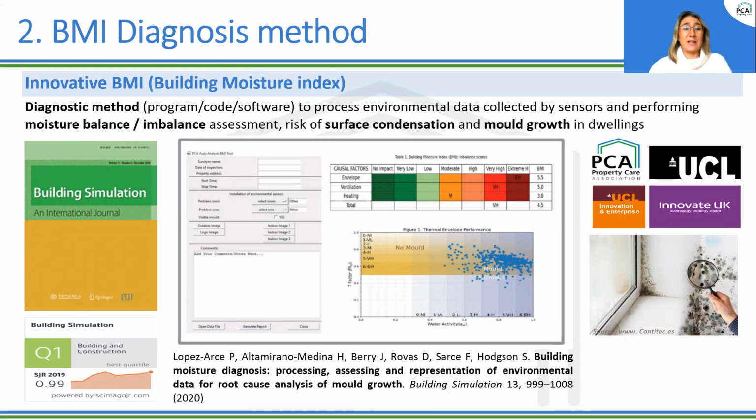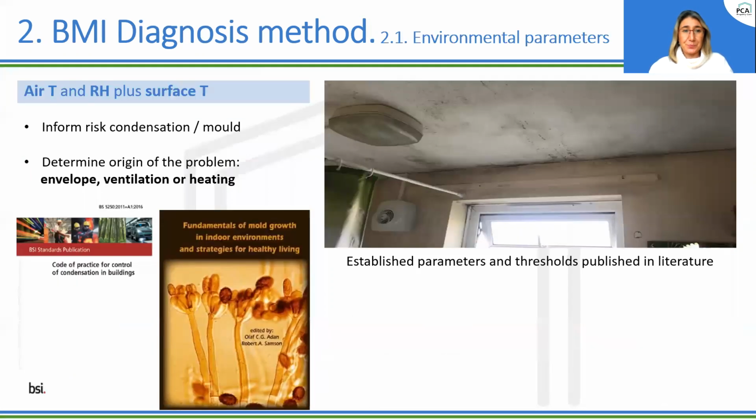We have developed a diagnostic method, which is now a program, a code, that processes environmental data collected by sensors, and it performs the moisture imbalance assessment and determines the risk of surface condensation and mold growth in buildings. With this, we can identify the source of the problem of condensation and mold.